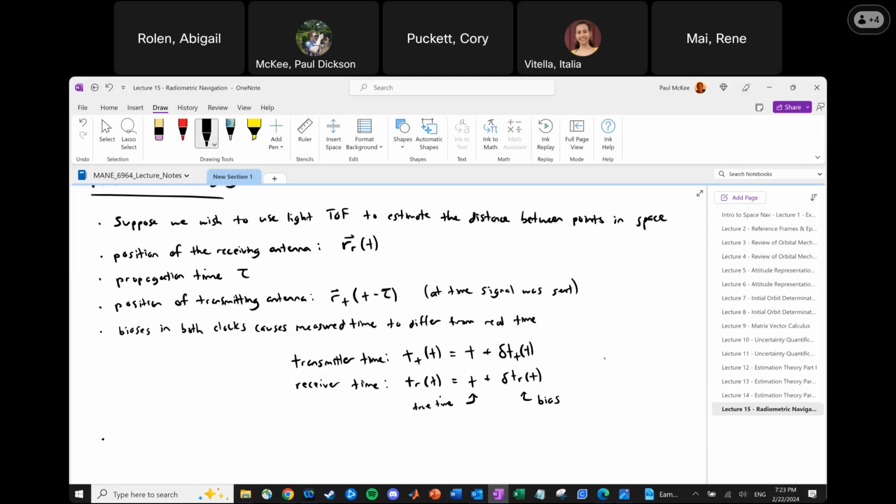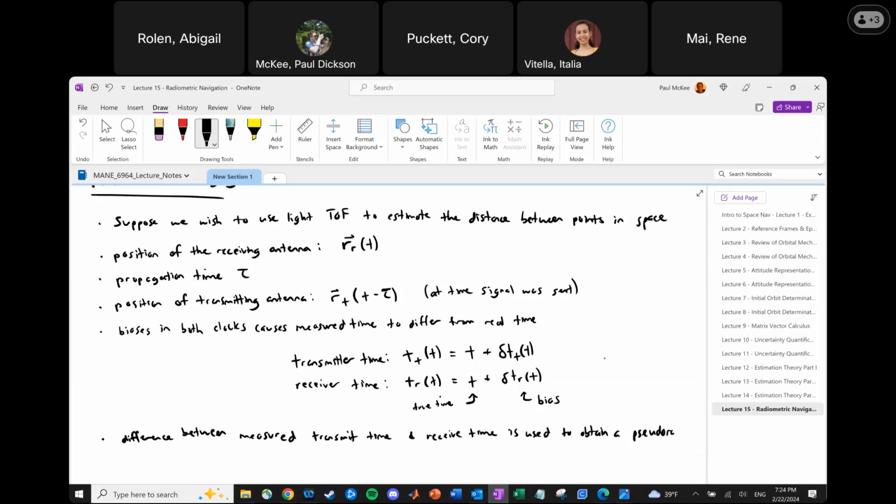So the difference between the measured transmit time and the receive time gives us something called our pseudo range. We don't know the true range. The difference between the measured transmission time and receive time is used to obtain a pseudo range.